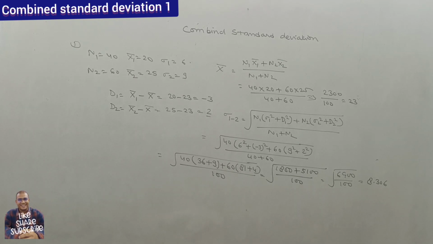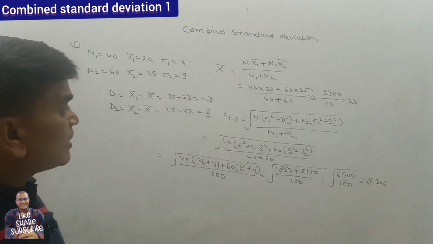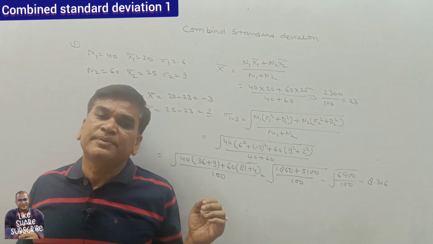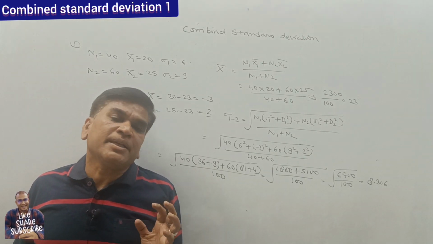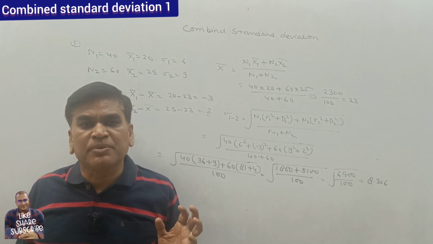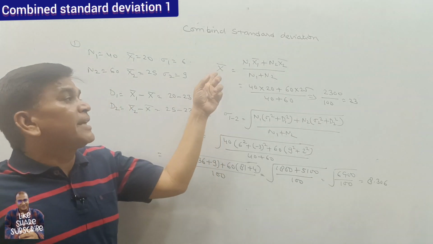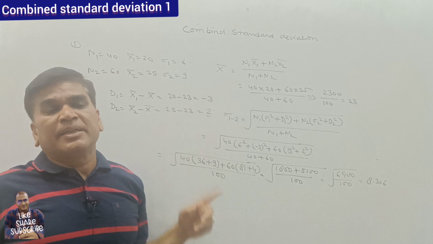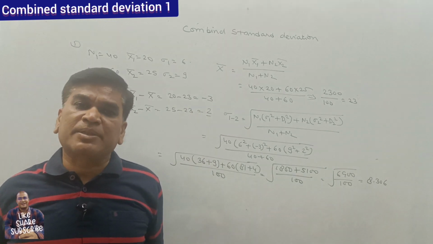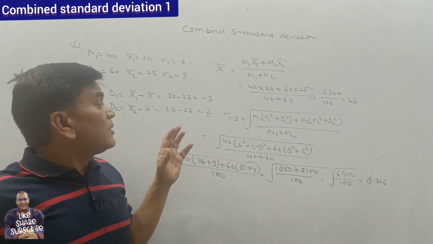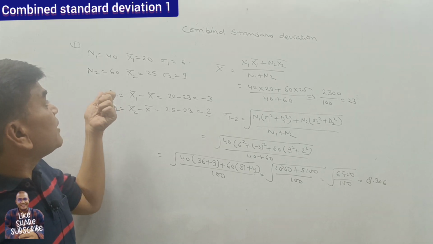It's visible now, no problem at all. So it's very easy to calculate. For getting the combined standard deviation, what do we have to do? First we get the combined arithmetic mean, that is n1 x bar 1 plus n2 x bar 2 divided by n1 plus n2. Then we get the values of d1 and d2.